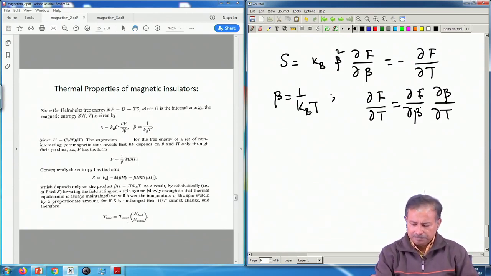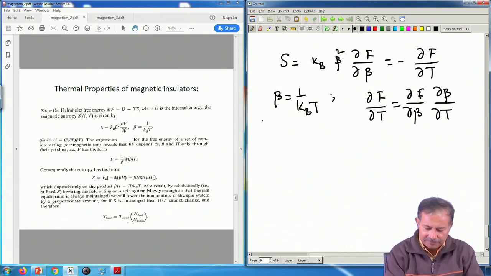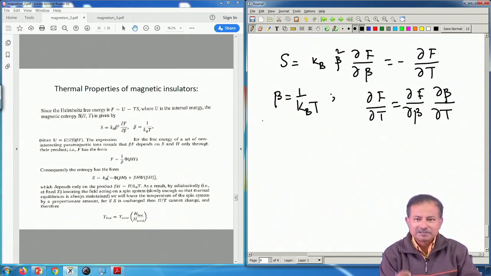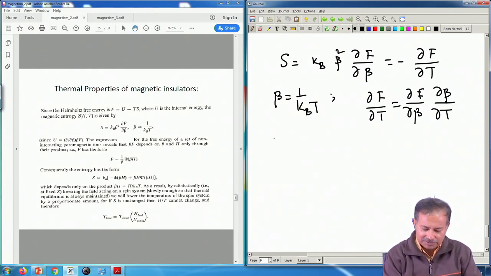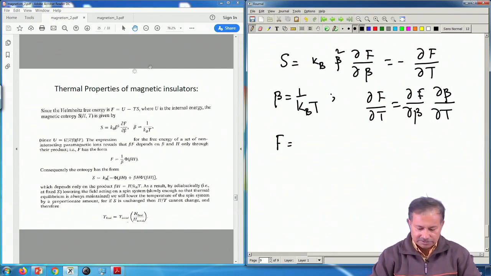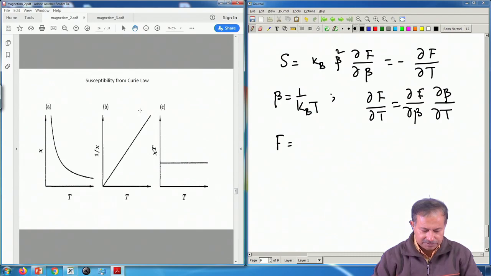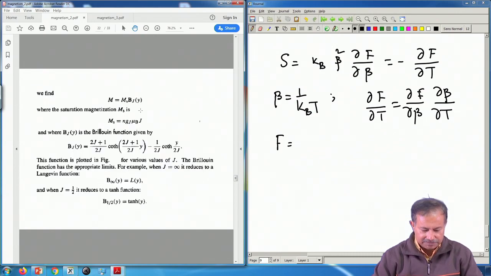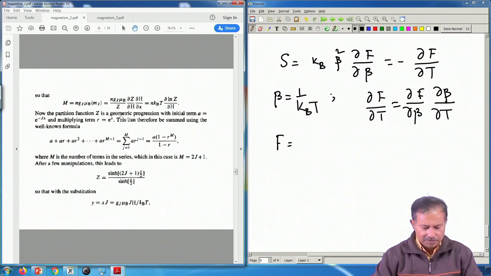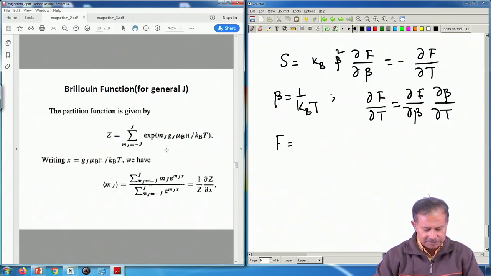Now, the thing that one wants to do is have an interesting application out of the fact that your free energy, if you remember your previous view graphs, depends on Z, and Z was always a function of h by kBT.